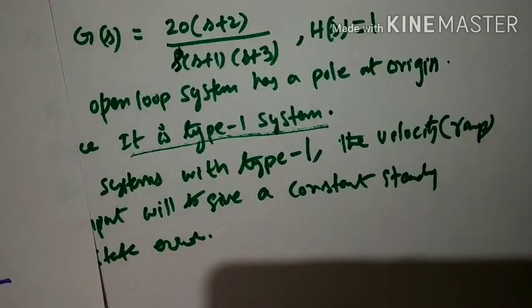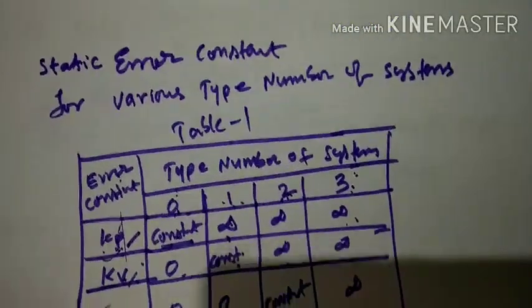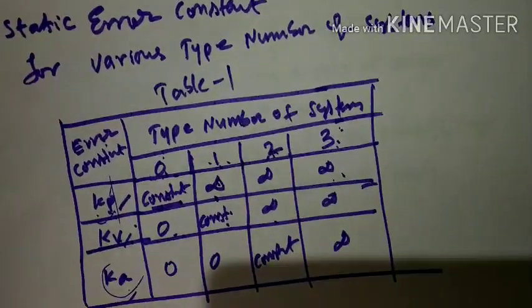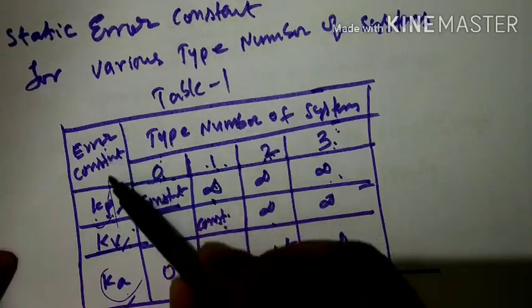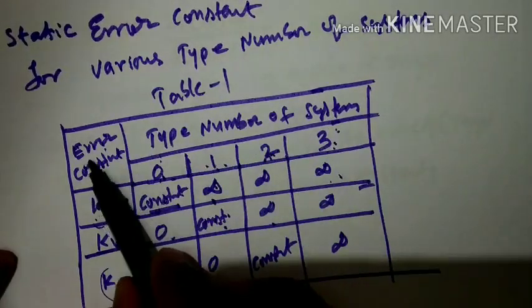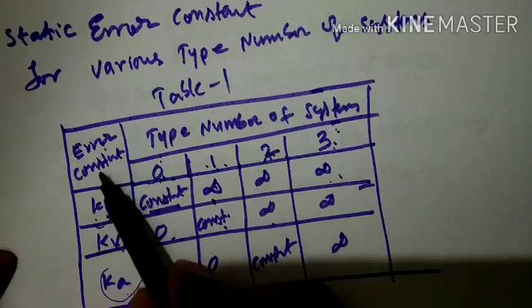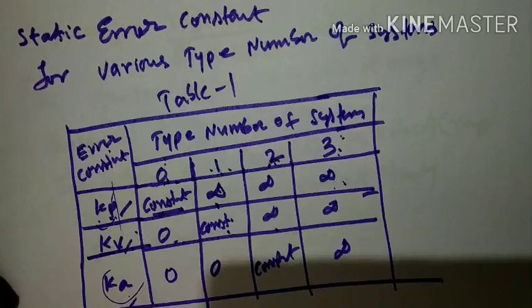You already know this diagram. Here you see the error constant, this is the error constant, this is the type number of the system. So what is the type of signal you get?